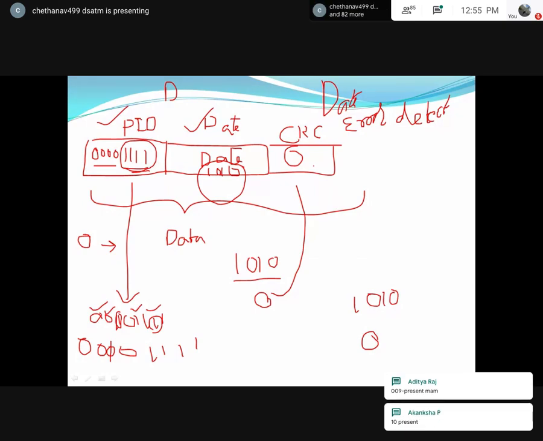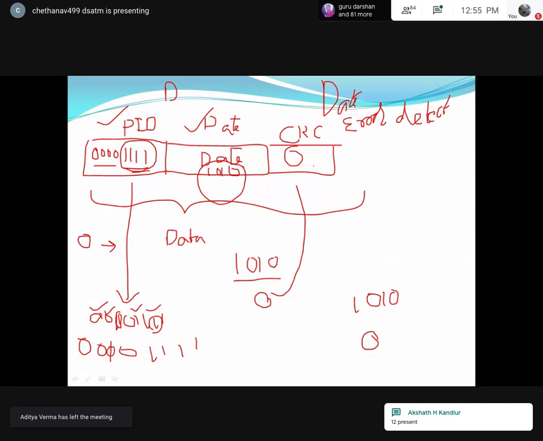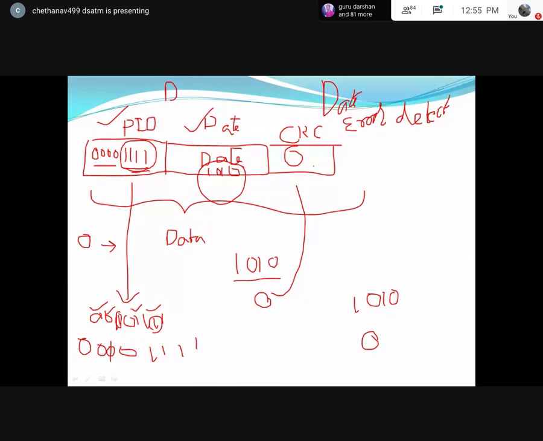Aditya Raj present. Akanksha. Akshat. Anagashri. Ananya. Shivani.